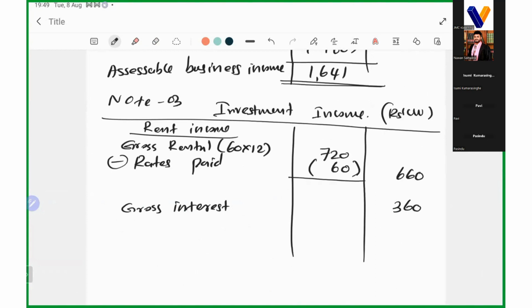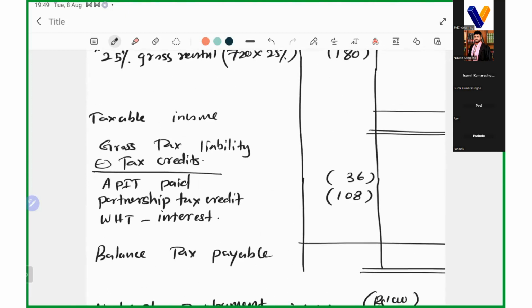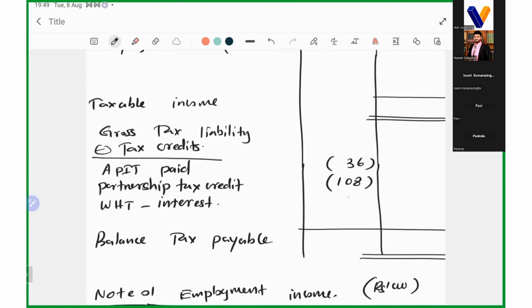But separate information is given on this 360,000, the relevant withholding tax. The withholding tax rate for interest is 5%. Then 360 into 5% is about 18. Just 18, right? That 18 you have to consider as a tax credit.